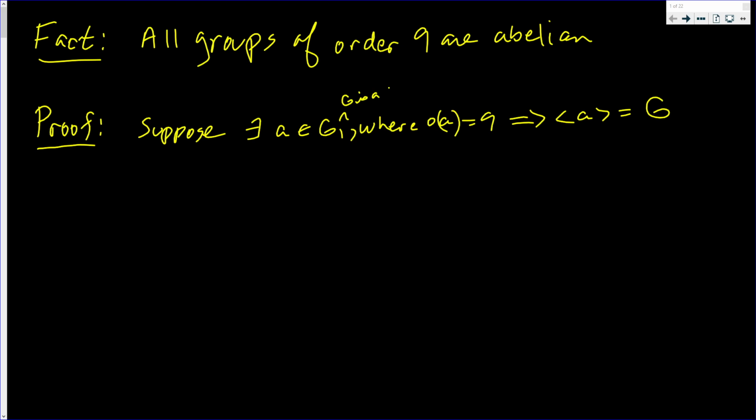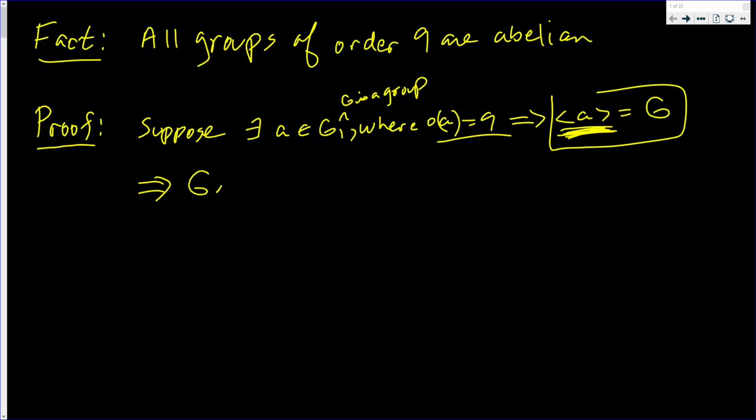Now, if G has an element whose order is the same as the order of G, then that element generates G. So, what does that tell us? If you have a generator, that implies that G is cyclic.